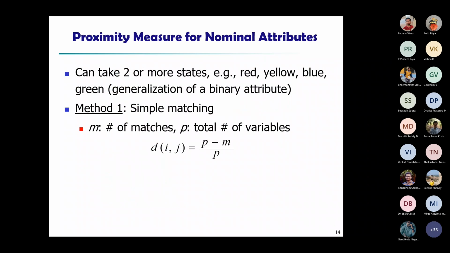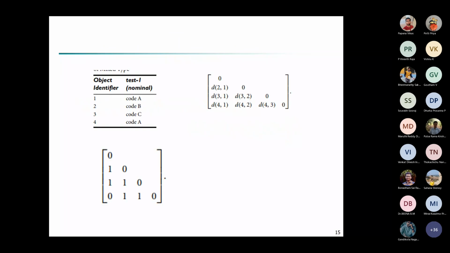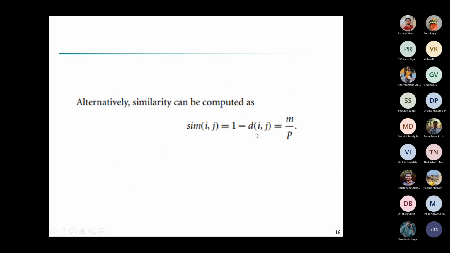Okay. So this is how simple matching works. Now, if this is distance, or dissimilarity, we can say, if it is similarity, we'll find 1 minus that d_ij. So that becomes your m by p.